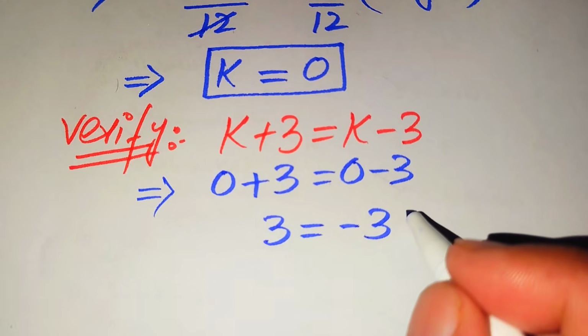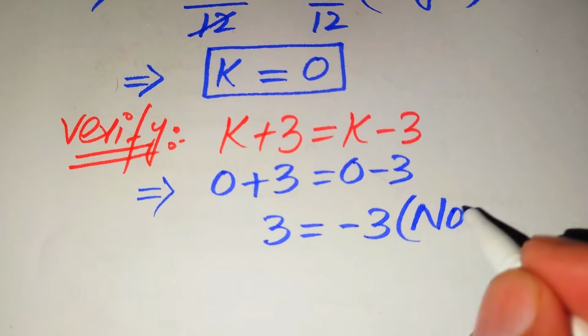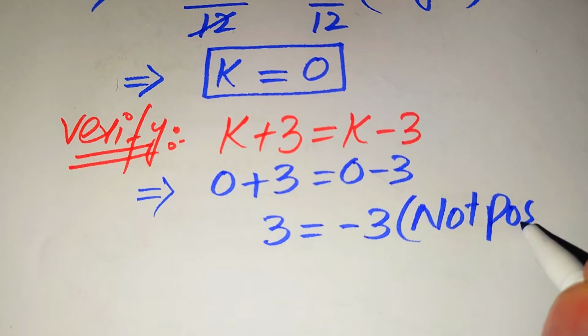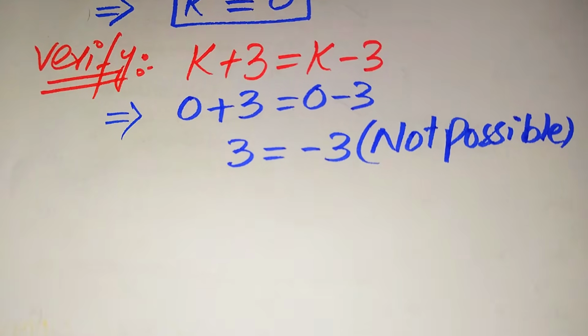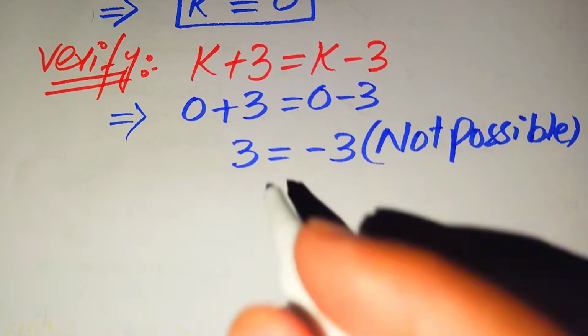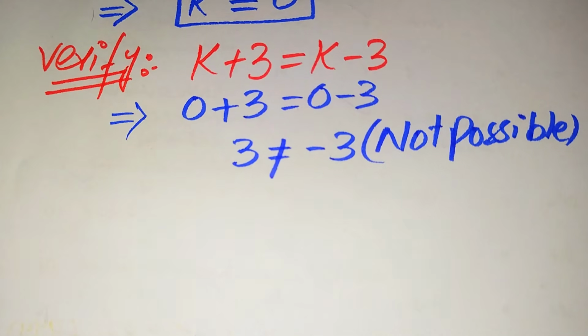So you see that positive 3 is equal to negative 3. It is not a possible case. It is not possible that positive 3 is equal to negative 3, because these two values are not equal in general.